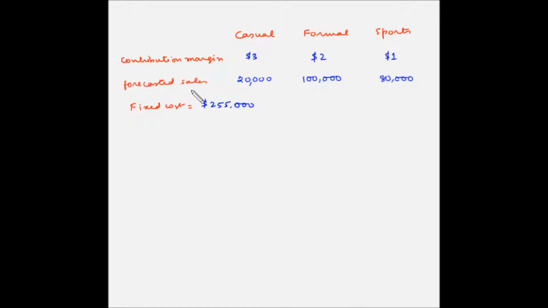The forecasted sales for the next period is 20,000 units for casual shoes, 100,000 units for formal shoes, and 80,000 units for sport shoes. And the fixed cost for that period is $255,000. So the first question is, what is the company's break-even point in units?